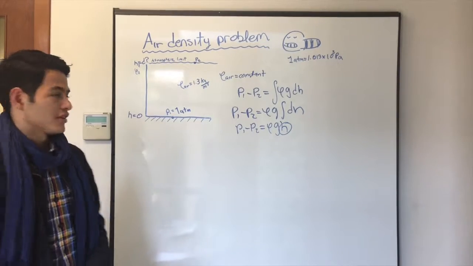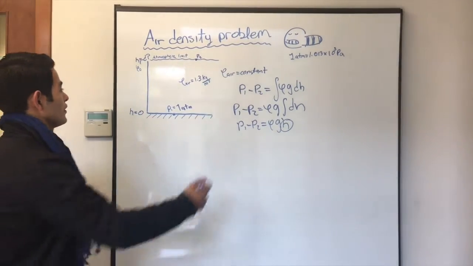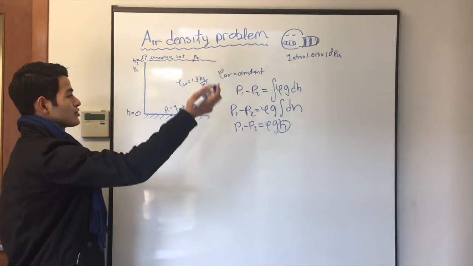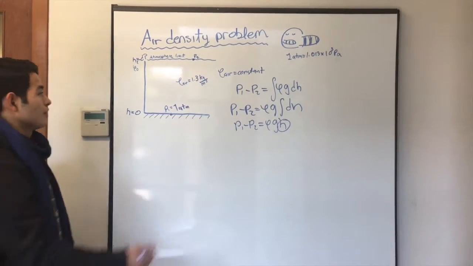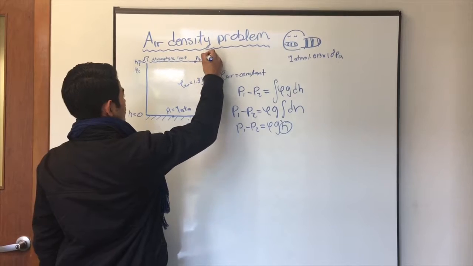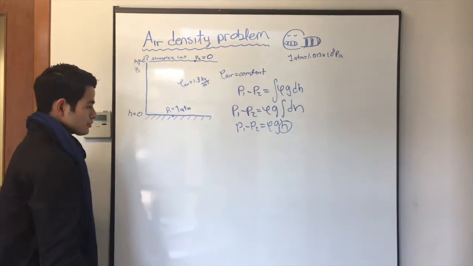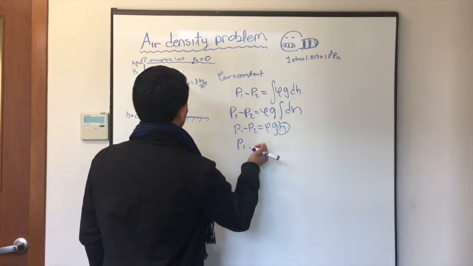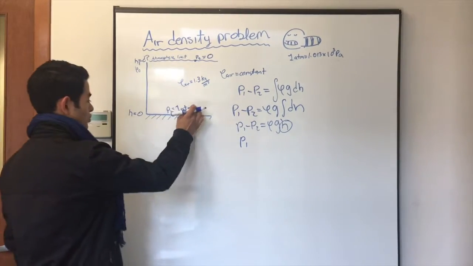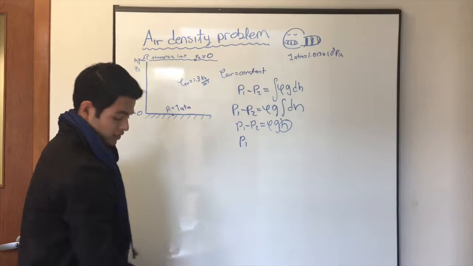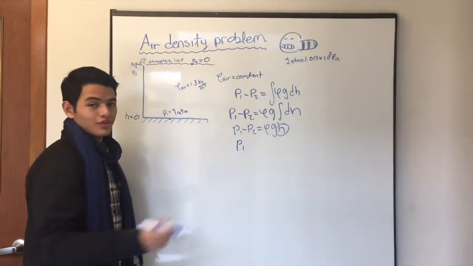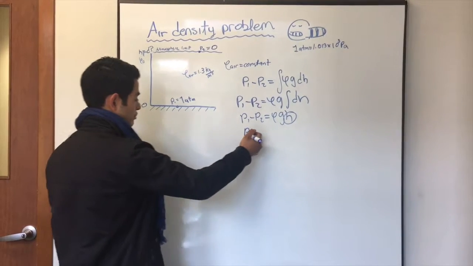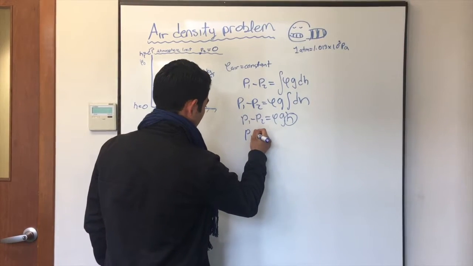One important point that we need to specify is that point 2 is the limit of the atmosphere, so you'll have no pressure here, so P2 is equal to 0. So you have P1, which actually is 1 atmosphere, and we will substitute at the end of the equation.